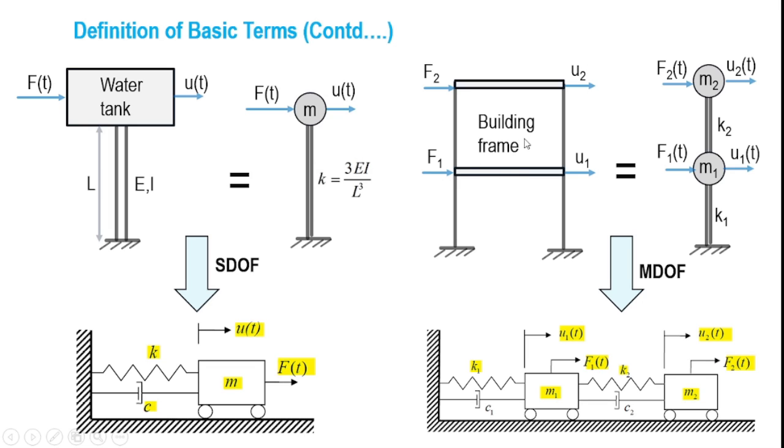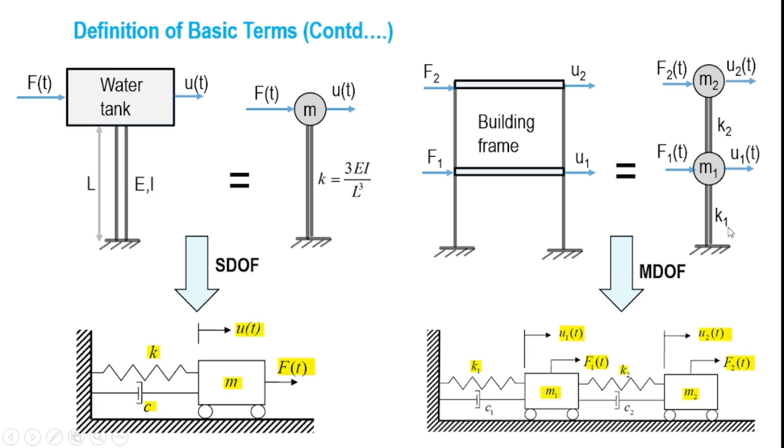And as shown, the building frame is subjected to dynamic forces F1 and F2, which means that this is a very good case for us to represent it through a 2 degree of freedom system. And the 2 degree of freedom system is shown here.